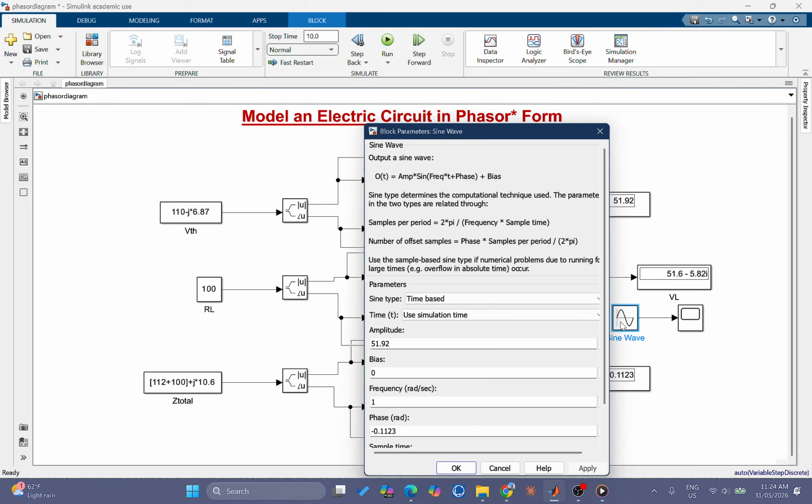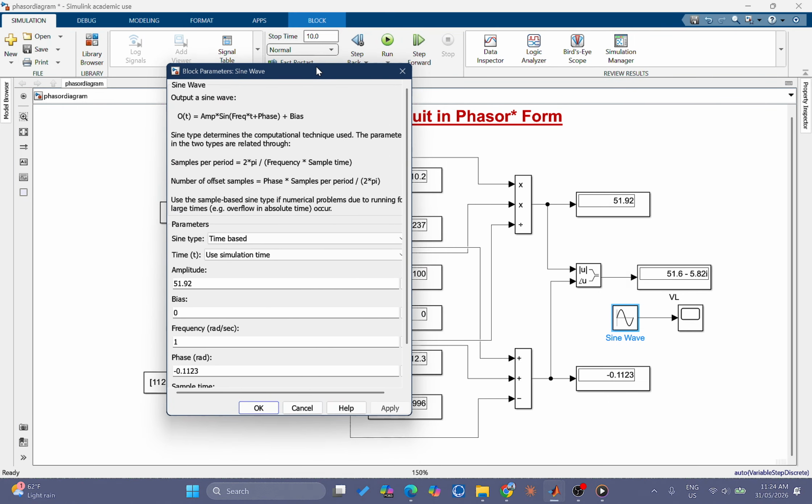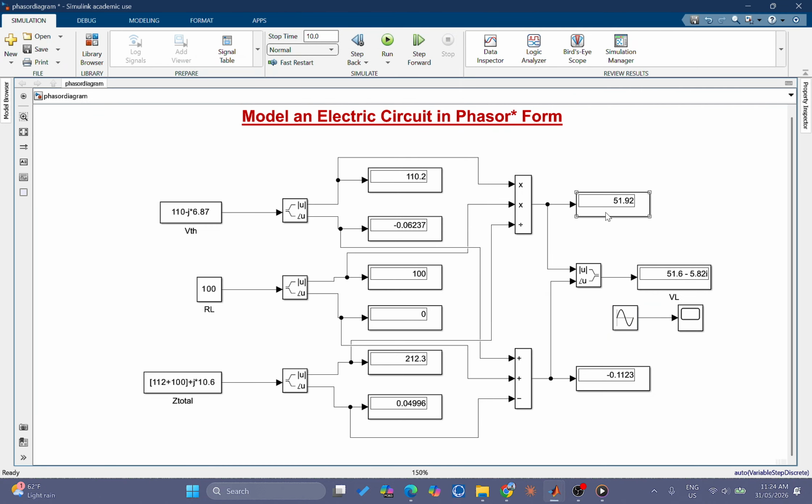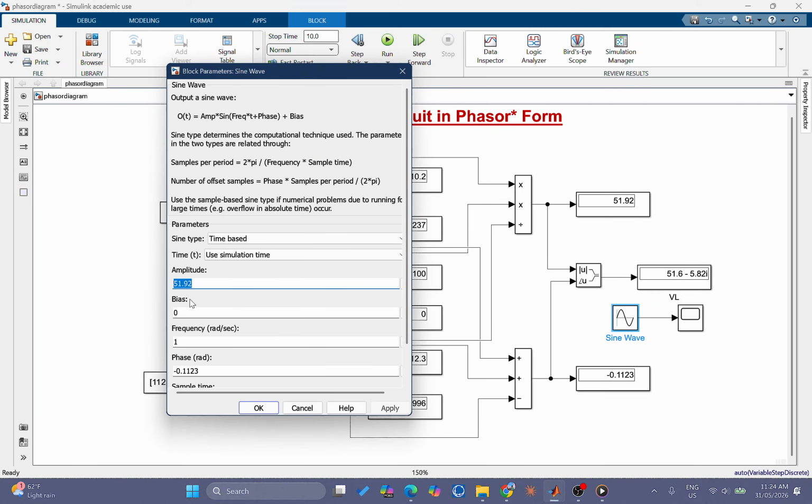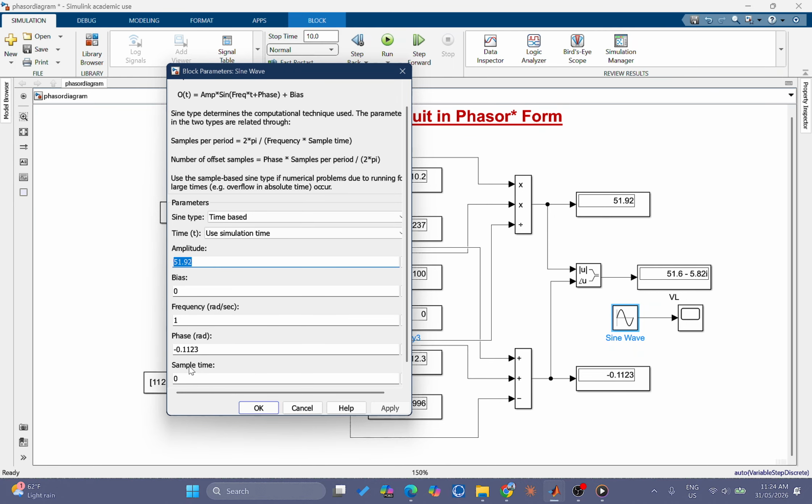Now using this value, I have a sine wave block, and the magnitude for the sine wave is 51.92, and my phase is 0.1123 radians. My phase is in radians.